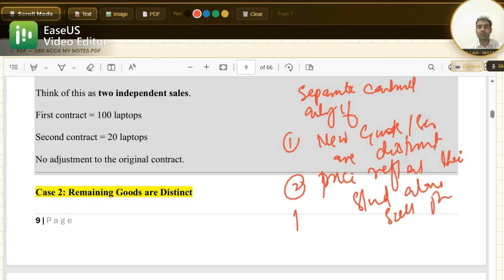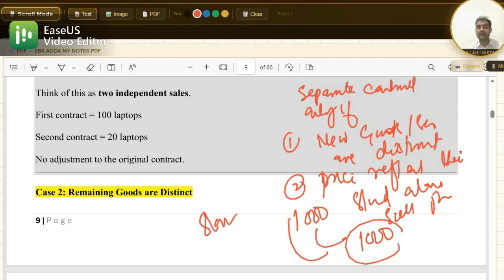The price before was 1,000, and now the new contract is at the same price, so it reflects the standalone selling price. If either condition fails, we don't treat it as a separate contract. We move to the other IFRS 15 rules, prospective or retrospective adjustment.